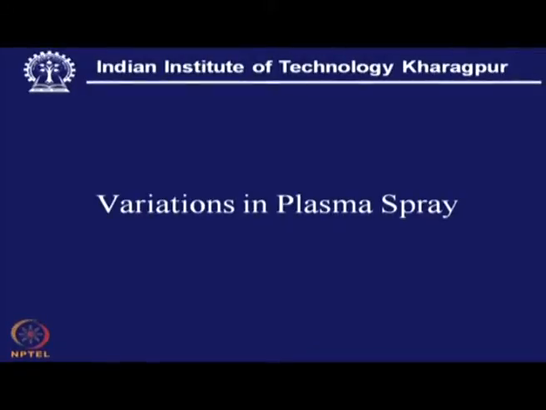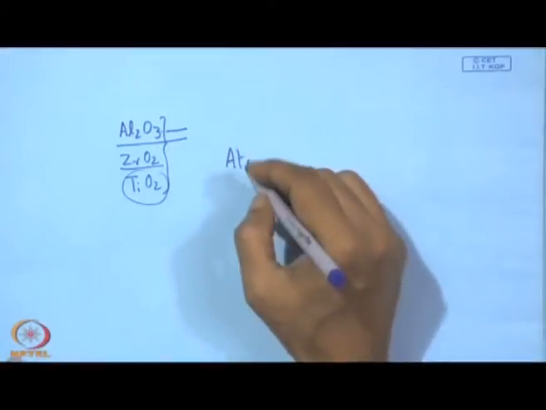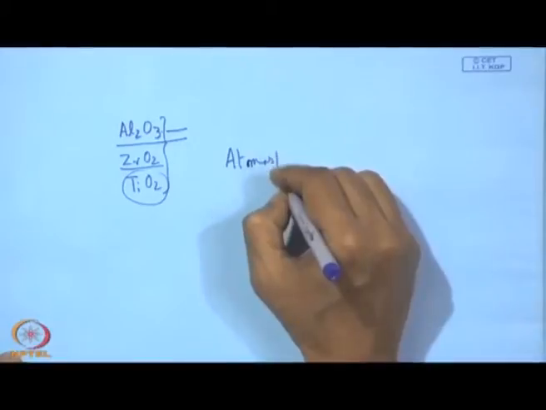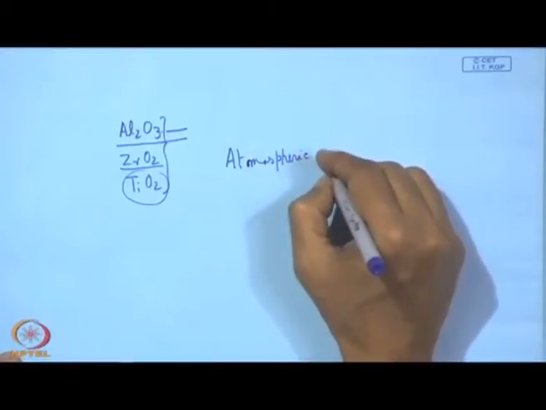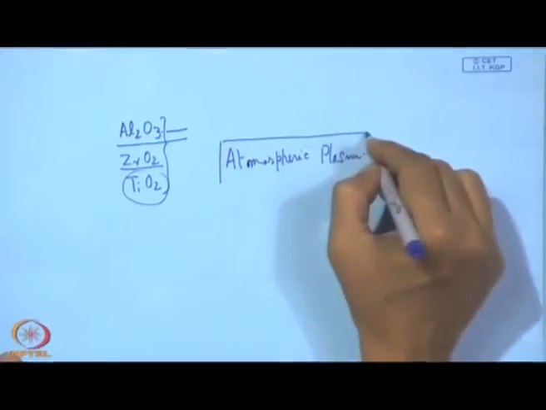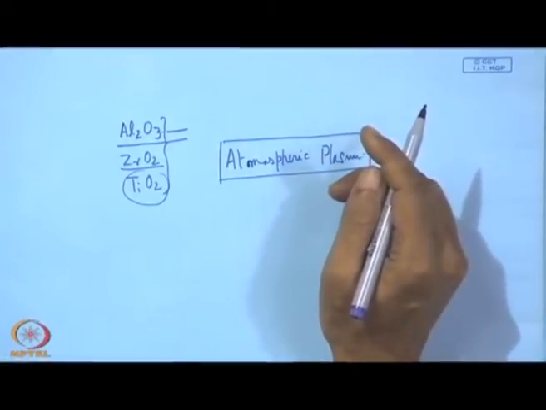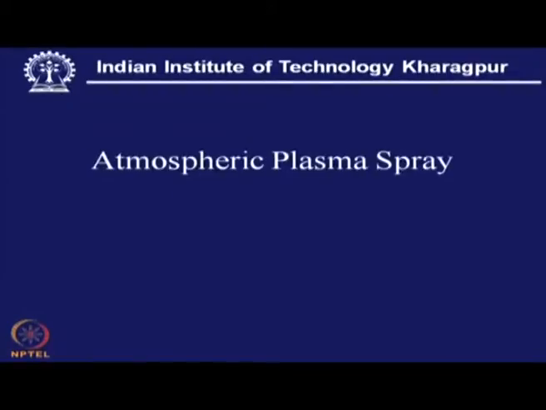Now, we have some variations in plasma spray. These variations are namely atmospheric plasma, which is carried out in open atmosphere. So, this is one type of plasma spray process, and let us have a look at how it works.